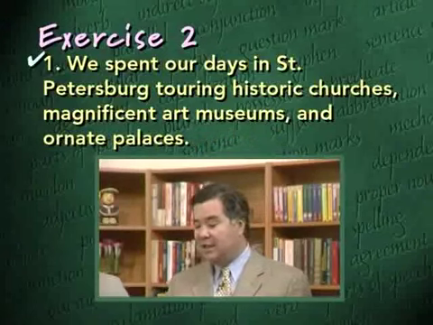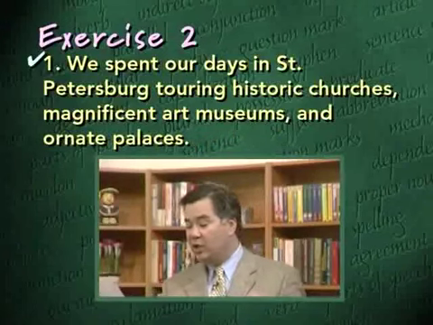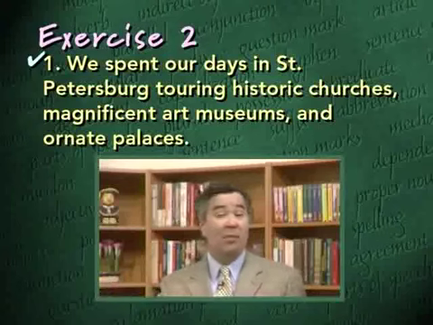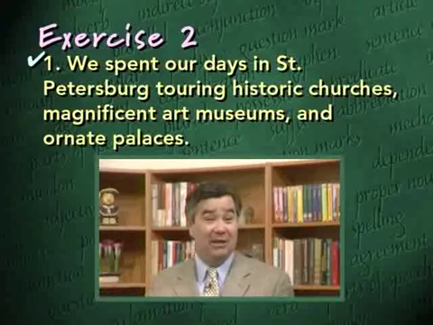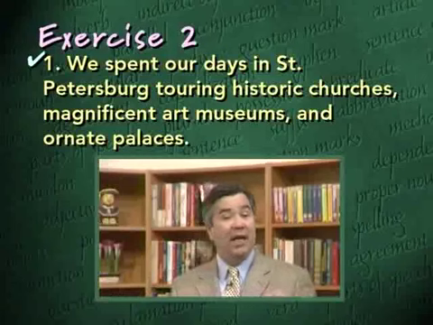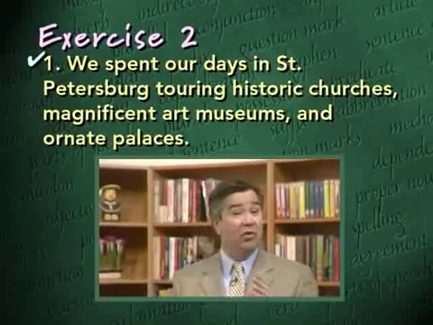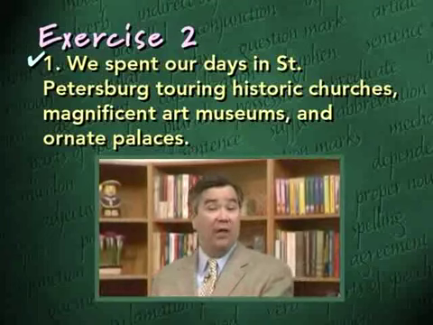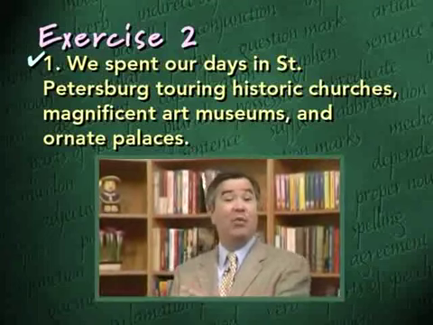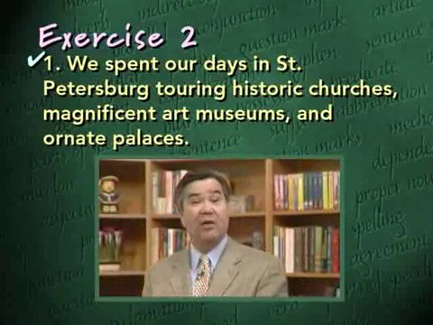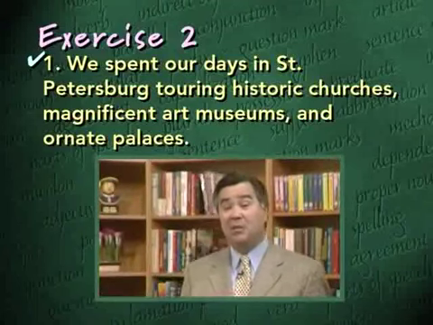We spent our days in St. Petersburg touring historic churches, magnificent art museums, and ornate palaces. Now, the ing verb touring applies to all three things, and what follows touring are three parallel phrases describing three places that were toured, which is also a perfectly correct way of making the sentence parallel.